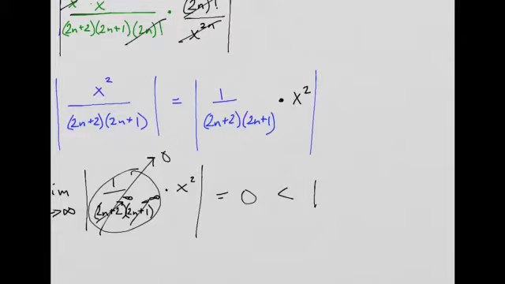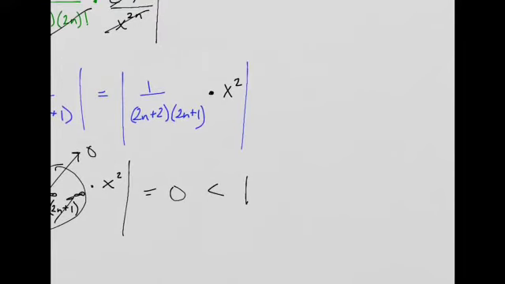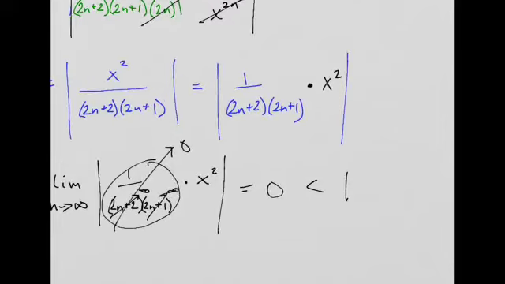Remember, our ratio test requires that if we want the series to converge, then we should get something that's less than 1. Well, this one, it doesn't matter what x you plug in. You're always going to get 0 when you take the limit of it. So this one converges for any value of x, because no matter what you plug in, you're always going to get the limit tending towards 0.